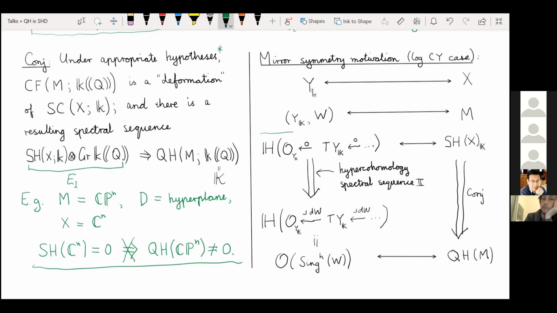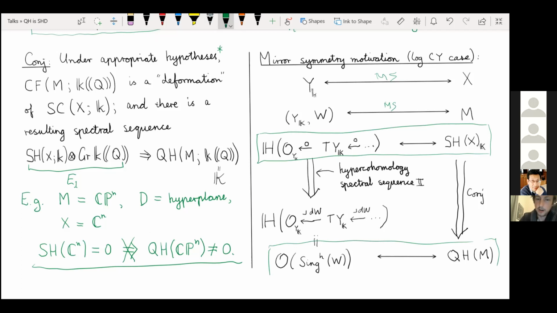So mirror symmetry for the top line, this mirror symmetry here, gives this prediction, which I already wrote down, and mirror symmetry for the bottom line gives this prediction, which I wrote down earlier. And our conjecture says that there's a spectral sequence here, this one here. This is our conjecture.